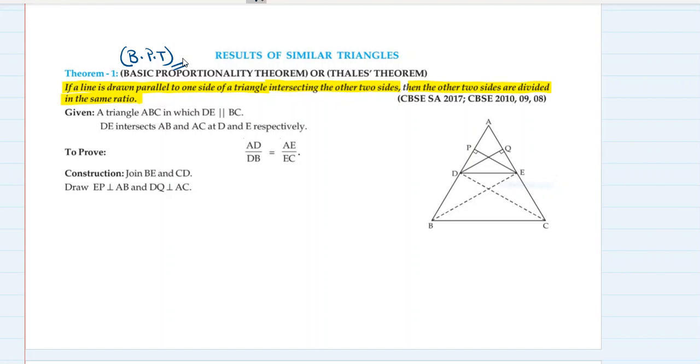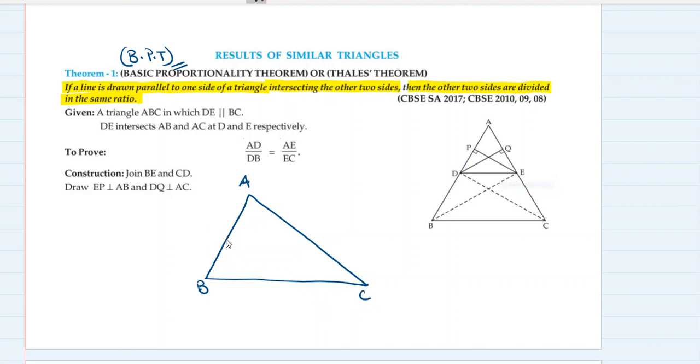Okay, so what is this theorem? This theorem says that if a line is drawn parallel to one side of a triangle, I will draw another figure over here and explain, because the given figure in the question has already got some construction which might confuse you. So I will name it A, B, C. In this triangle, a line is drawn parallel to one side.